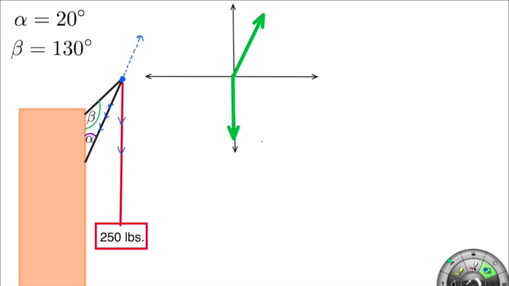The same thing is going to happen with this other post. As this thing pulls down, the force on the post is actually going in this direction. It's trying to stretch this post out as the weight pulls down. So that means the vector is going to be going in the opposite direction. It's going to be coming down in this direction.